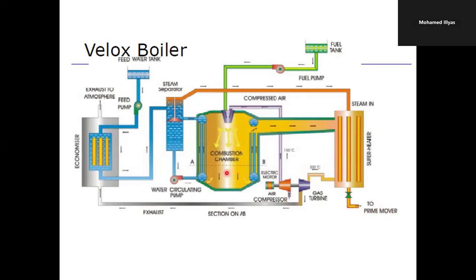So the feature of the Velox boiler, when you compare with your Lamont and Benson boiler, is that we use compressed air for the combustion chamber to enhance its thermal efficiency, subsequently the overall efficiency of the plant.